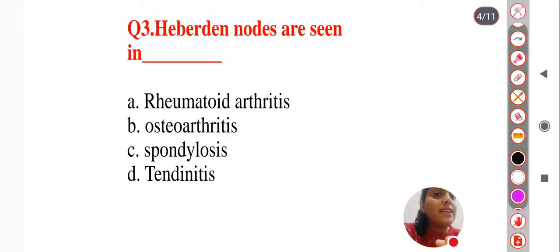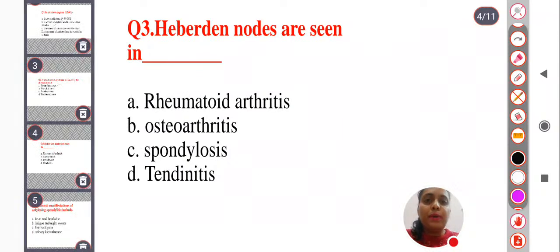Although rheumatoid arthritis and osteoarthritis are very much similar to each other, rheumatoid arthritis is an autoimmune disease. The main cause is autoimmune. But if you want to see the main difference between rheumatoid arthritis and osteoarthritis, then these symptoms can differentiate between them. Heberden nodes can be seen in osteoarthritis. Let's move further.